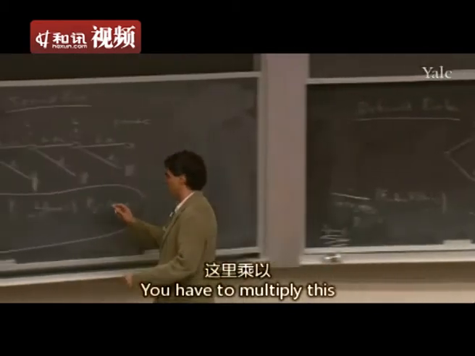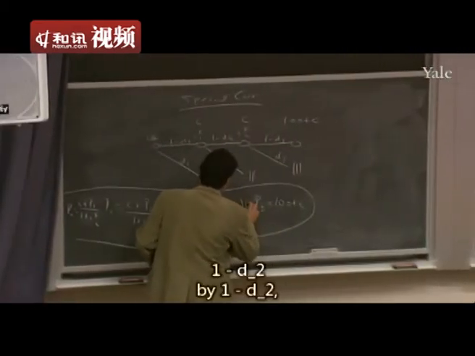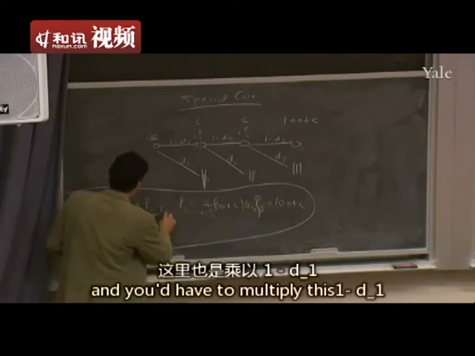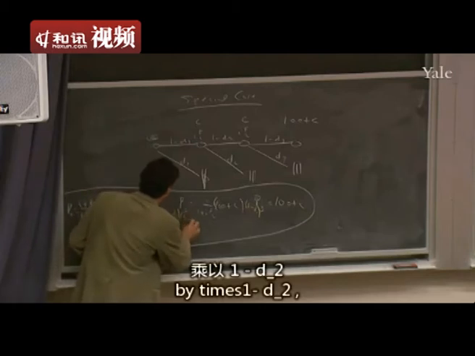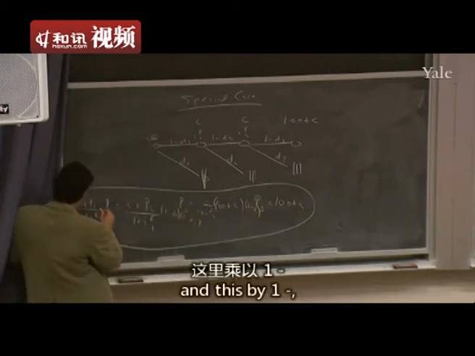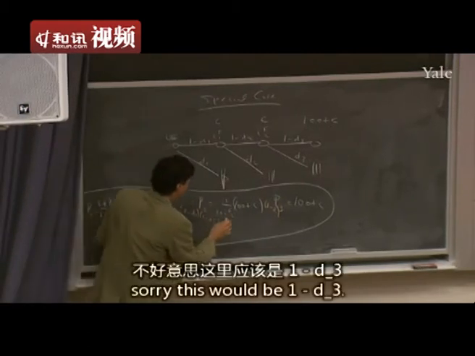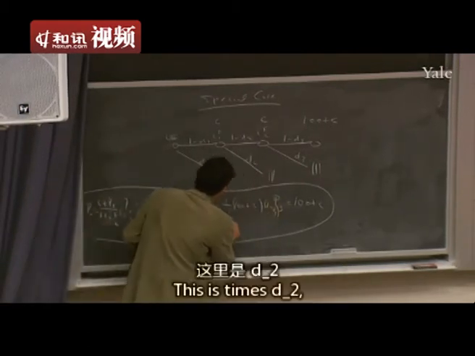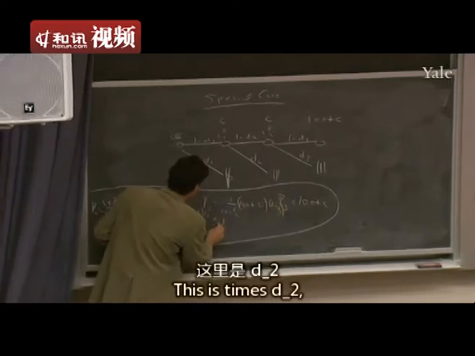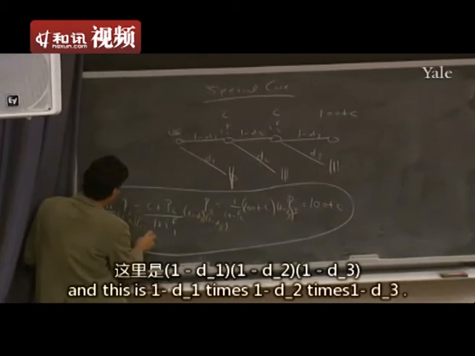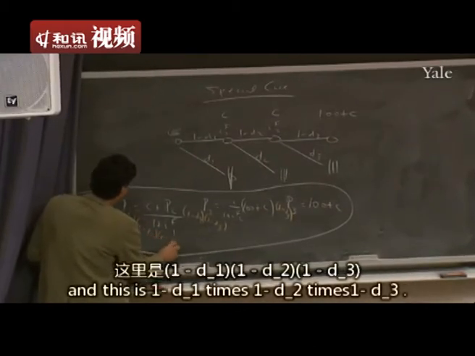You'd have to multiply this by 1 minus D3, this by 1 minus D2 times 1 minus D3, and this by 1 minus D1 times 1 minus D2 times 1 minus D3.